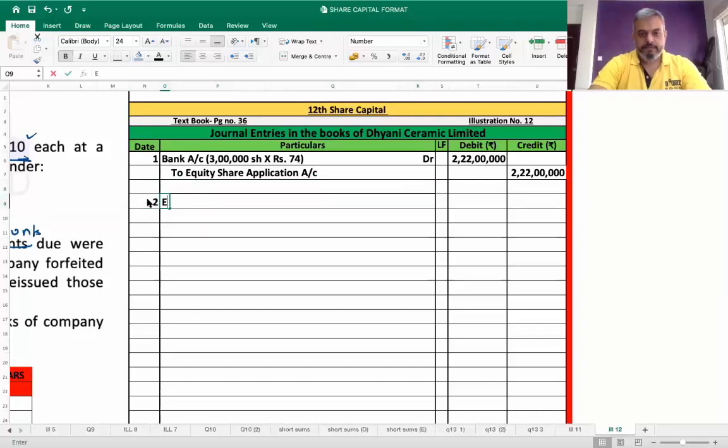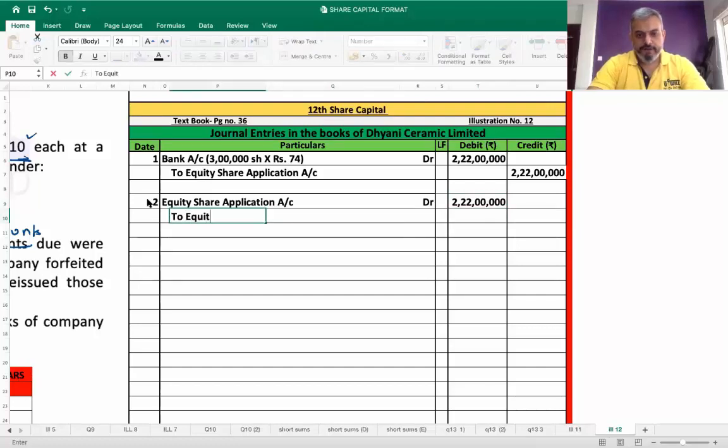Second, equity share application account debit 2 crore 22 lakh. Now we transfer it to our equity share capital account. 3 lakh shares into capital always with the face value. So into 4, 12 lakhs.